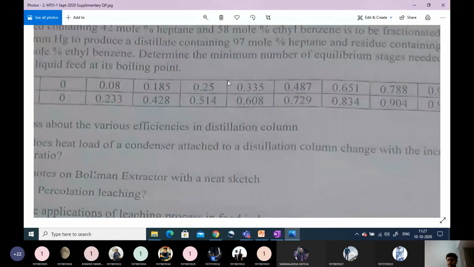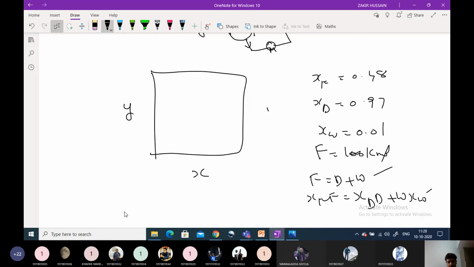So the equilibrium diagram we can draw, no problem, because the data has been provided, X versus Y. We can draw the diagonal by connecting two points. Then the first step in estimation of the number of plates is this one.